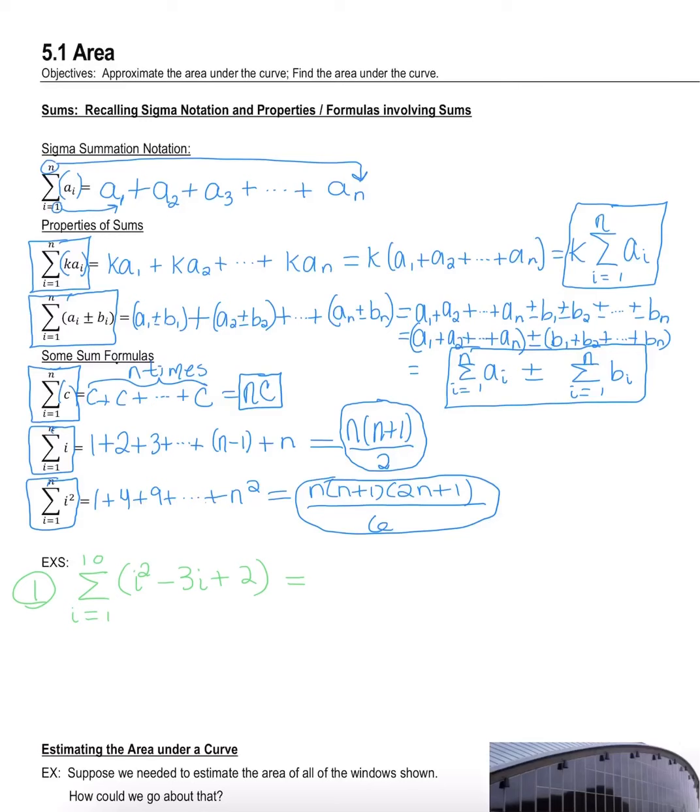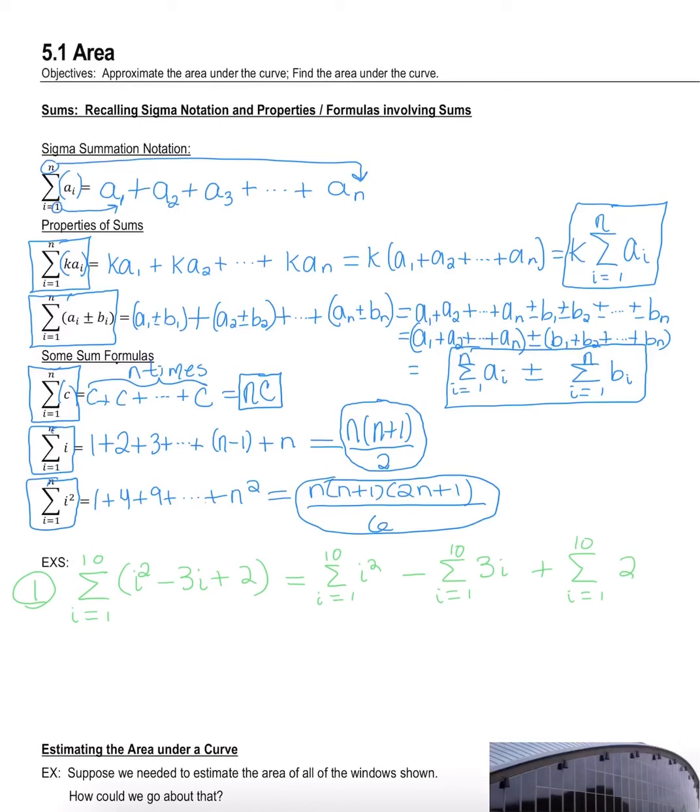So here's what we know. We know from one of our properties up above that if we have a sum or difference, we can take a sum term by term. So that's what I'm going to first write out, taking this sum term by term.